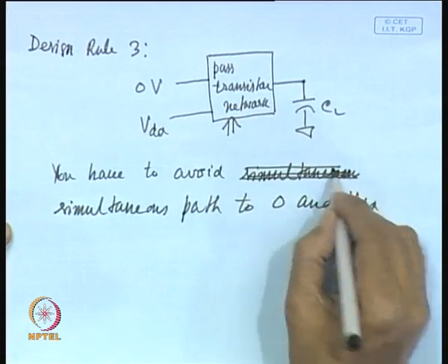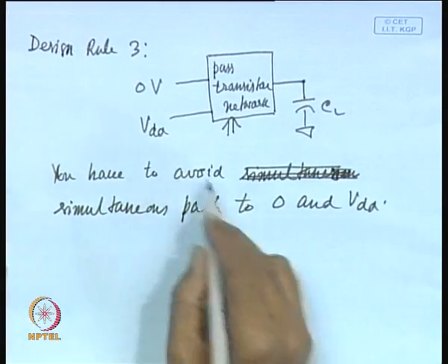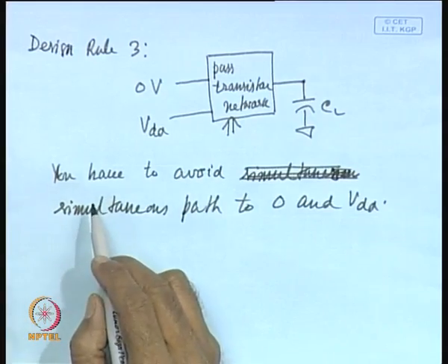How? Later on we shall see. So, this is your design rule to be followed, and if we realize circuits by using these 3 design rules, then it will produce correct output, and you can realize any general Boolean function. Later on we shall discuss in detail how we can realize a general Boolean function using pass transistor logic.